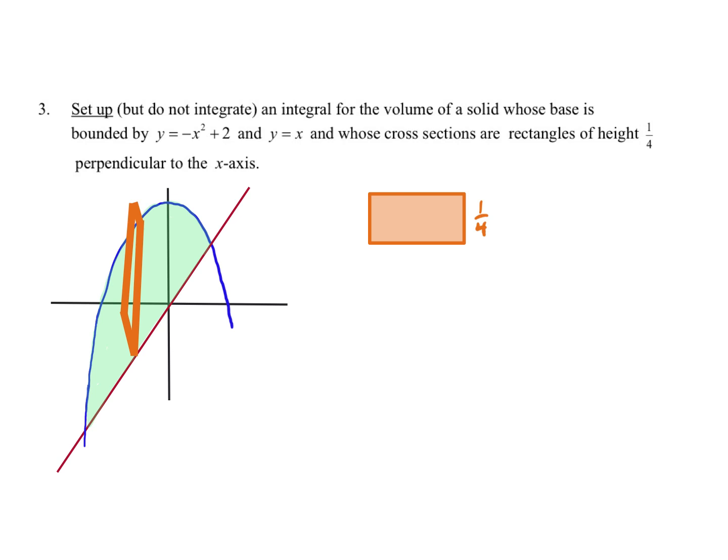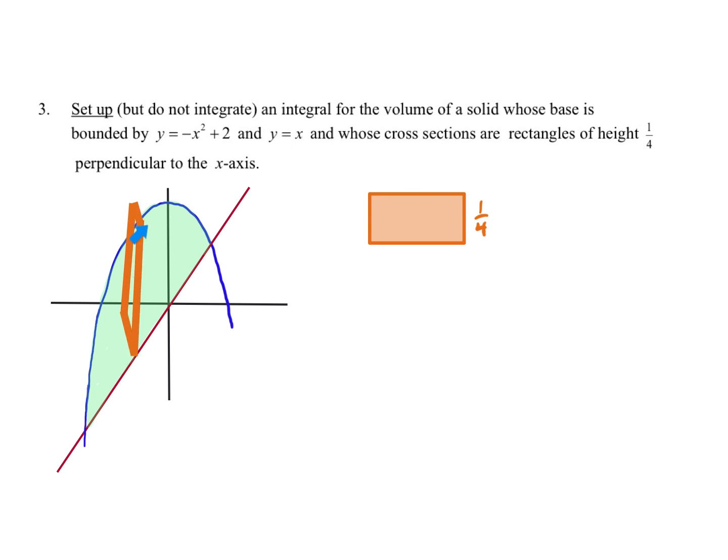Because ultimately, what we're going to do is add up, using integration, the infinitely small width rectangles that are going to fit in here. They told us that the height was 1/2. What I have to be able to figure out is what is this base? What is this length right here? So how would I find this?